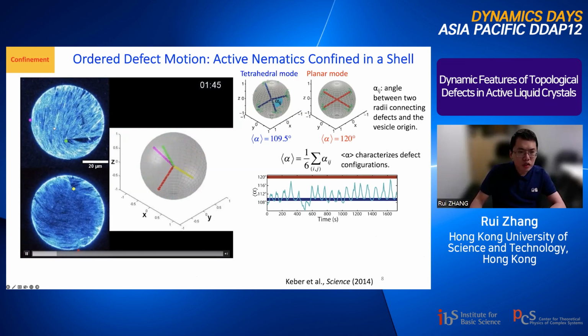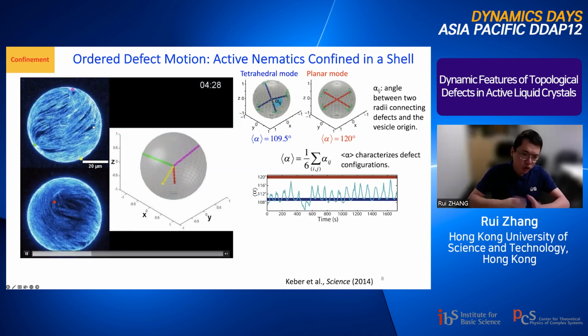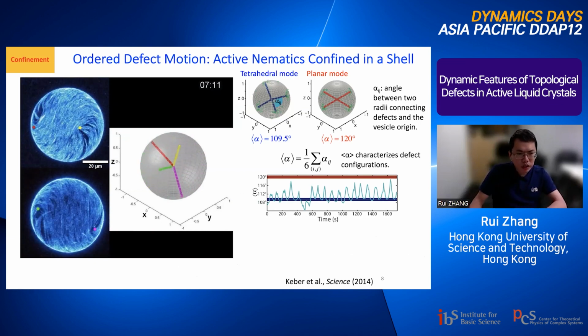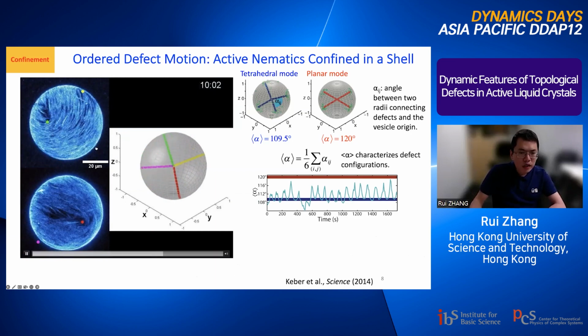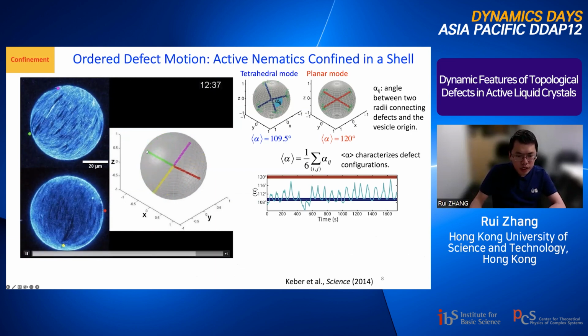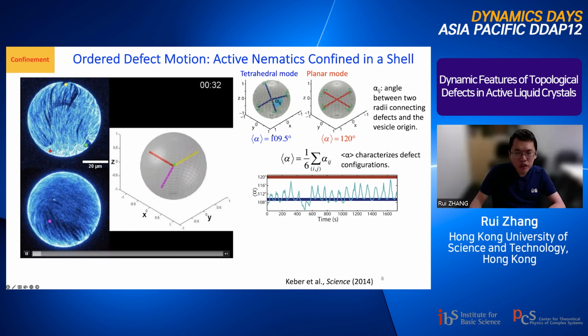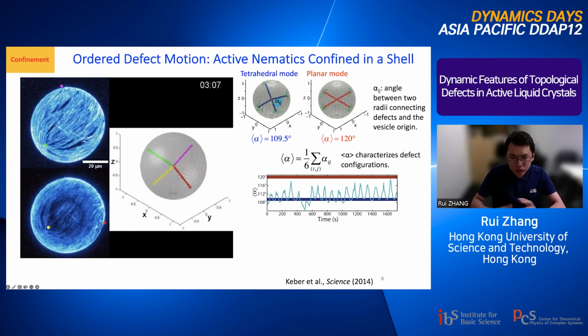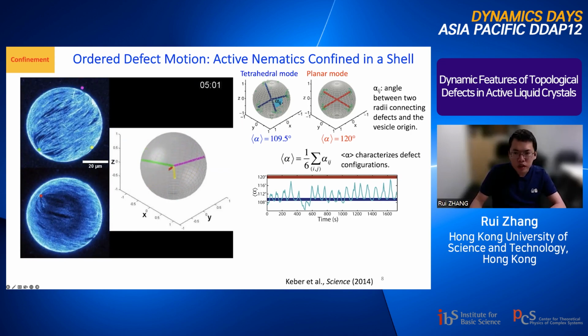And on this sphere, the microtubules also move around continuously, and that gives rise to the collective motion of the defects. It turns out that these defects oscillate periodically. They oscillate between two modes. One is called the tetrahedral mode, in which the 4 defects organize into a tetrahedron. The other is the planar mode, in which the 4 defects reside within a plane.